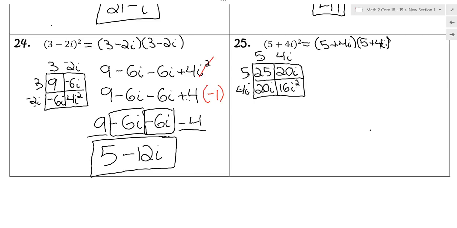So I'm going to write all four of these out. We have 25 plus 20i plus 20i plus 16i squared. Again, I'm going to replace that i squared with negative 1.